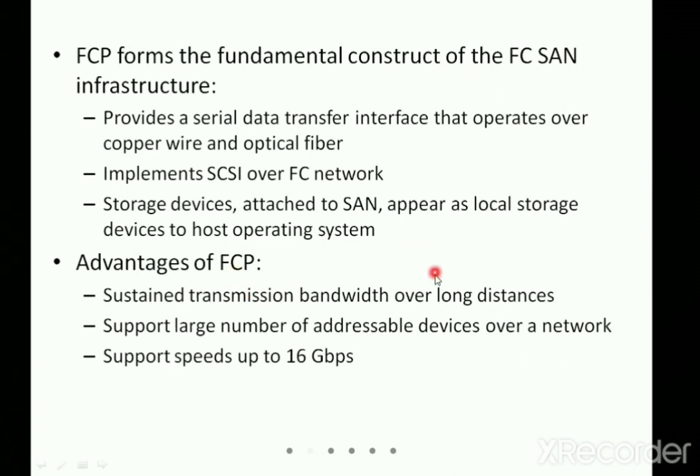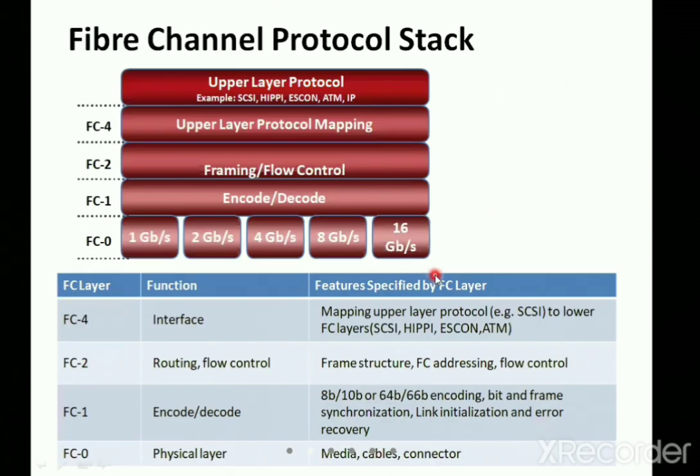The next one, we'll see how exactly the Fibre Channel protocol stack looks. Hope you remember the OSI layers; there are various layers, and each and every layer has particular protocols, like the TCP/IP protocol and the UDP protocol.